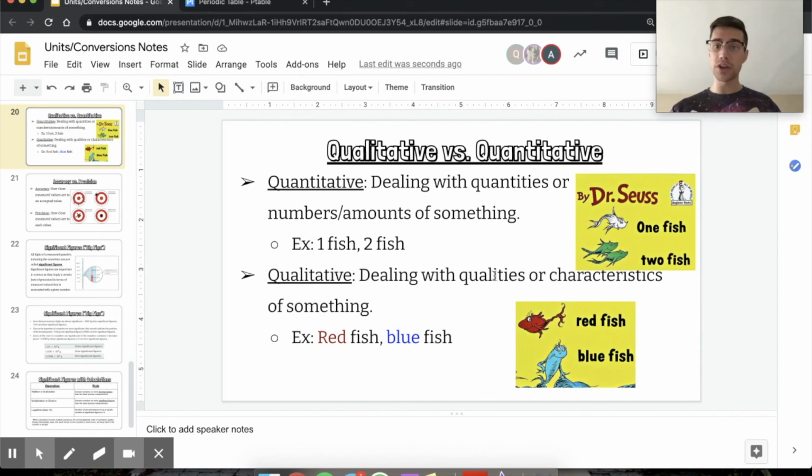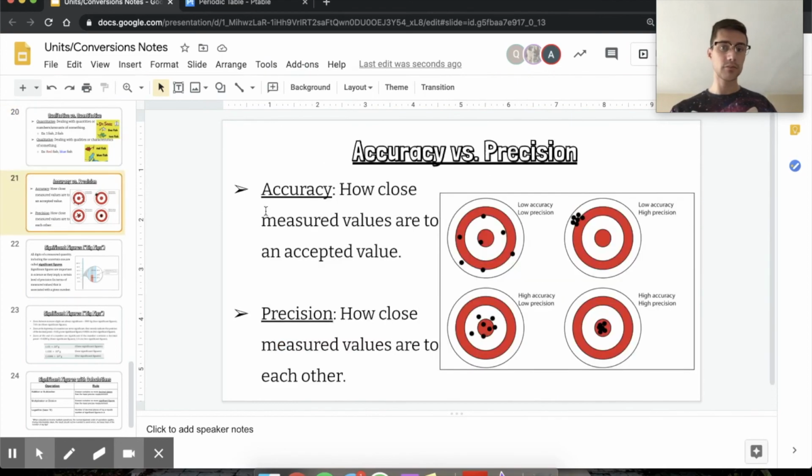Doesn't have anything to do with the numbers. A fish that's red, the fact that it's red is a quality of that fish. The fact that this fish is blue is a quality or a characteristic of that fish, okay? So these are the two kinds of measurements or pieces of data that you can pull from doing experiments, right? Either having to do with numbers or having to do with qualities.